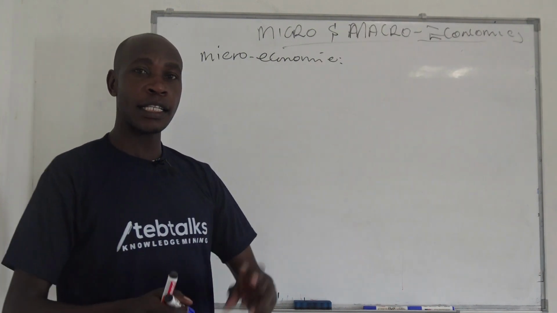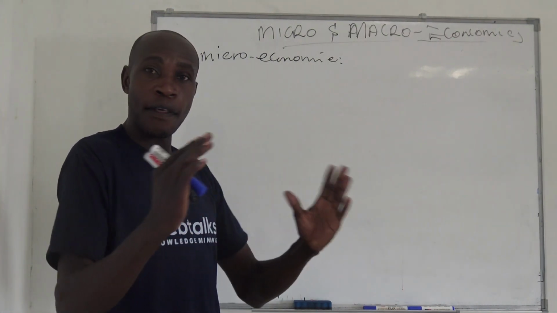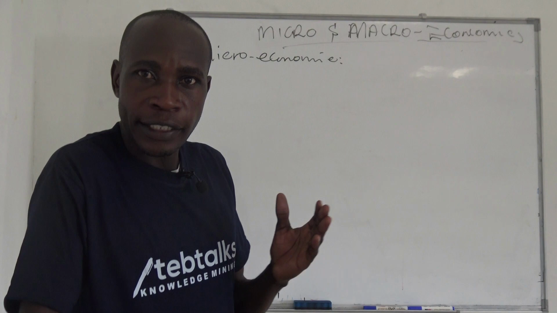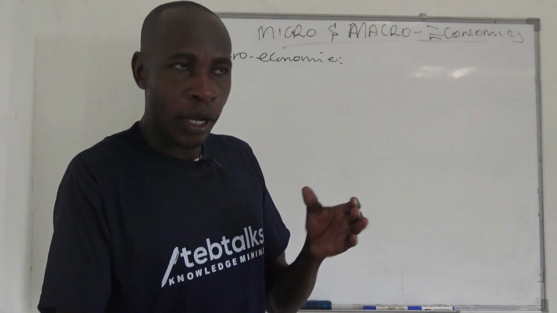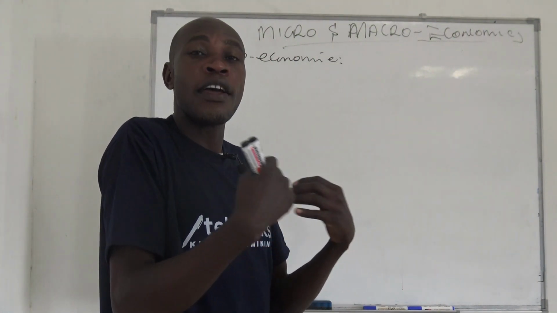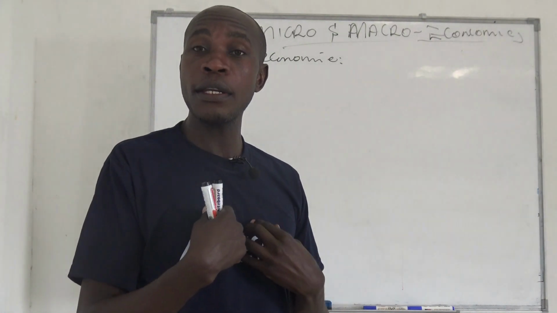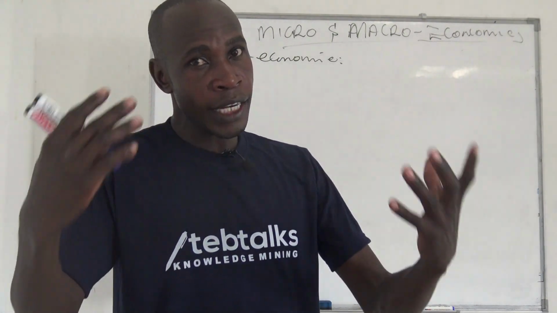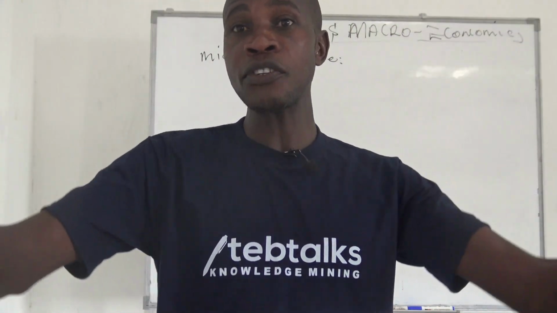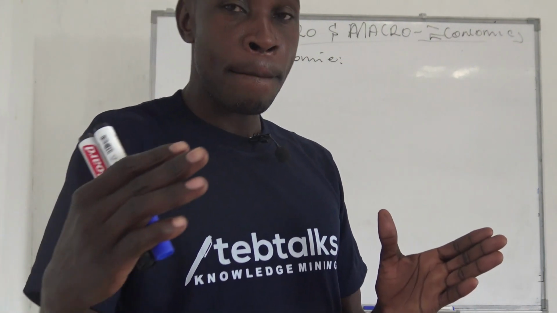And therefore, that's why we are saying that these are the branches, the two ways in which we study economics. Whereby if you don't study the specific problems which are hindering an individual or a given firm, then you will have to study a problem which is impeding the entire country, the entire community. So that's why I am saying that these are majorly two basic branches of economics, right?